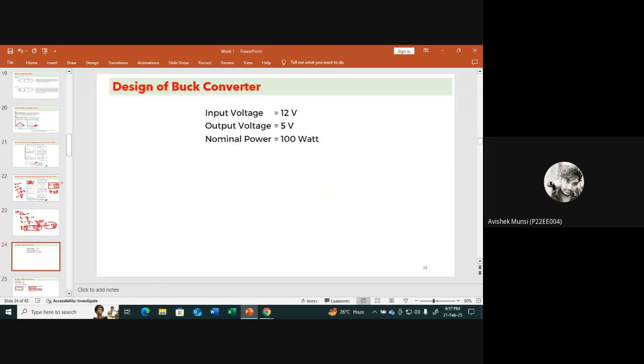Let us consider we have to design a buck converter which has an input voltage of 12 and an output voltage we desire of 5 volts, where the output voltage will be 5 and the input will be 12, and the nominal power will be 100 watt. For this, first try to decide the load current, and tell me what will be the load current.